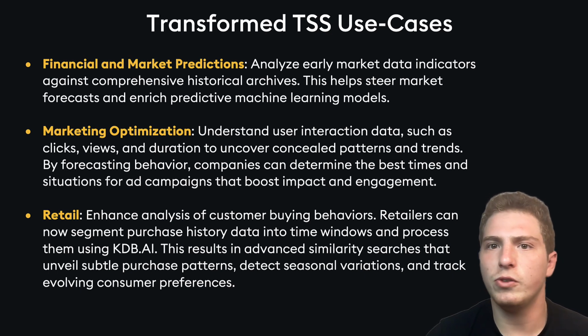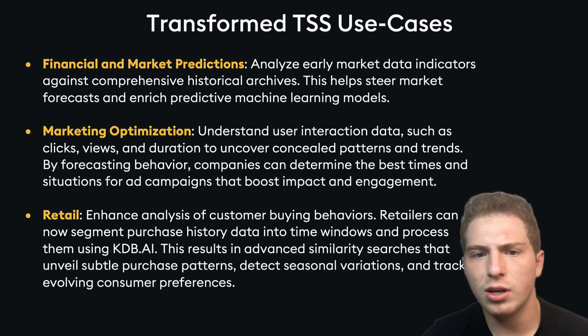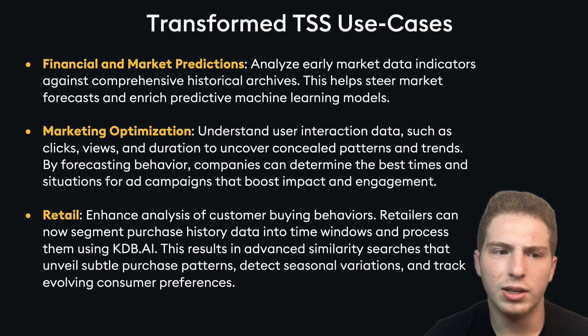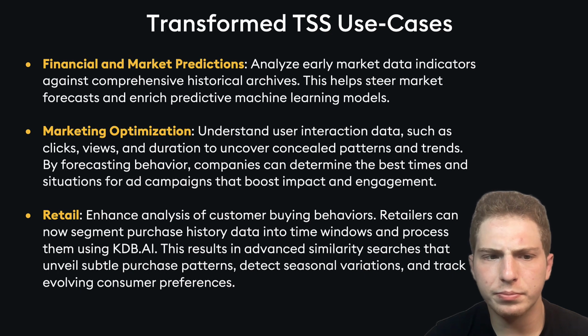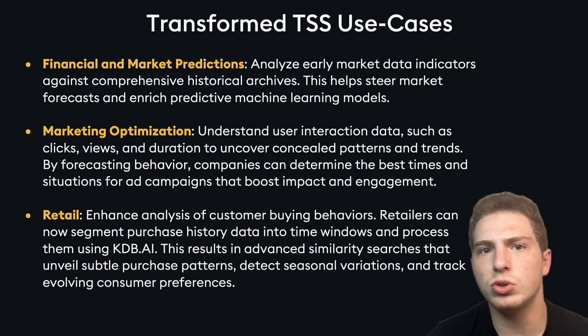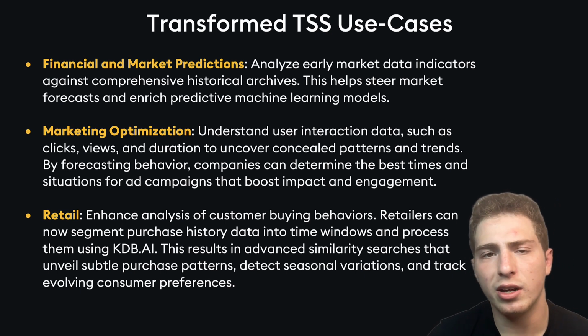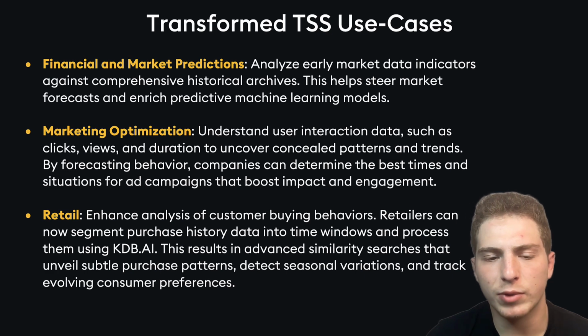Let's say we have a bunch of user interaction historical data, such as clicks, views, and durations. What we could do is we could uncover concealed patterns and we can forecast future behavior. And we could do something like determine the best times and situations for ad campaigns to boost engagement. It's really good for uncovering specific patterns in our data that otherwise would be hard to glean.